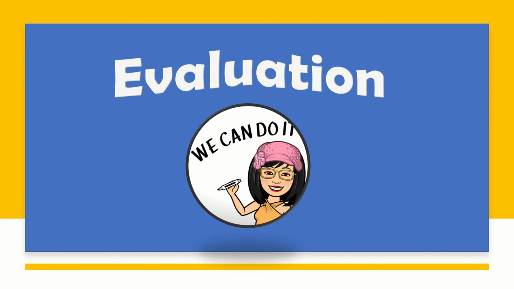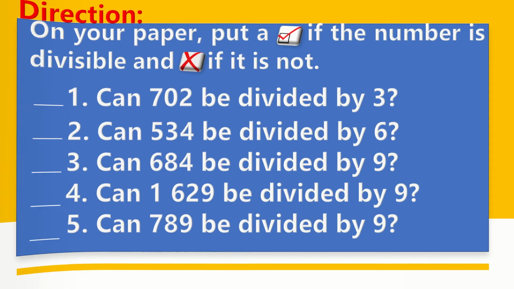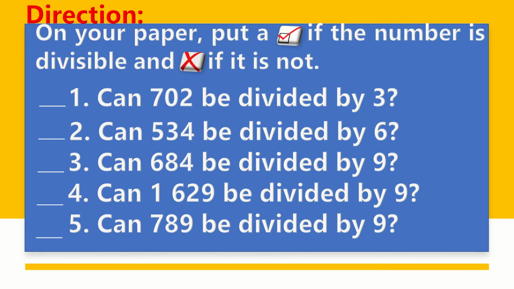Yes, you are already in the evaluation part of the lesson. Direction on your paper, put a check if the number is divisible and X if it is not. For number 1, can 702 be divided by 3? Number 2, can 534 be divided by 6?